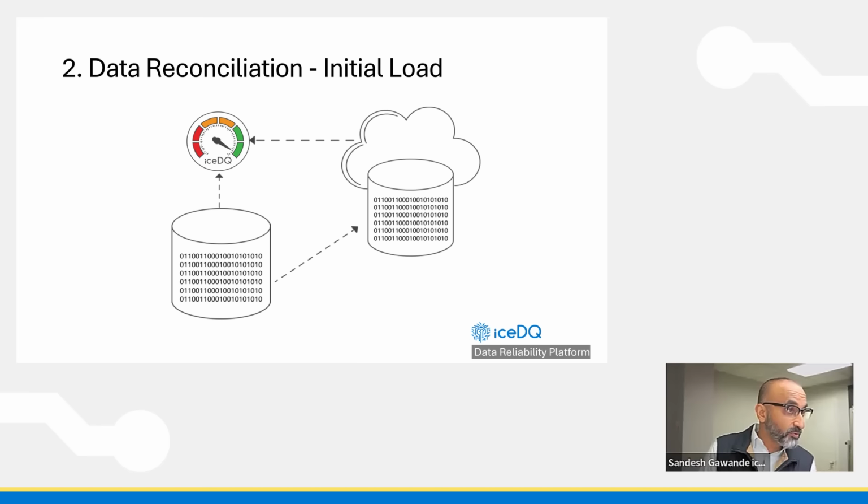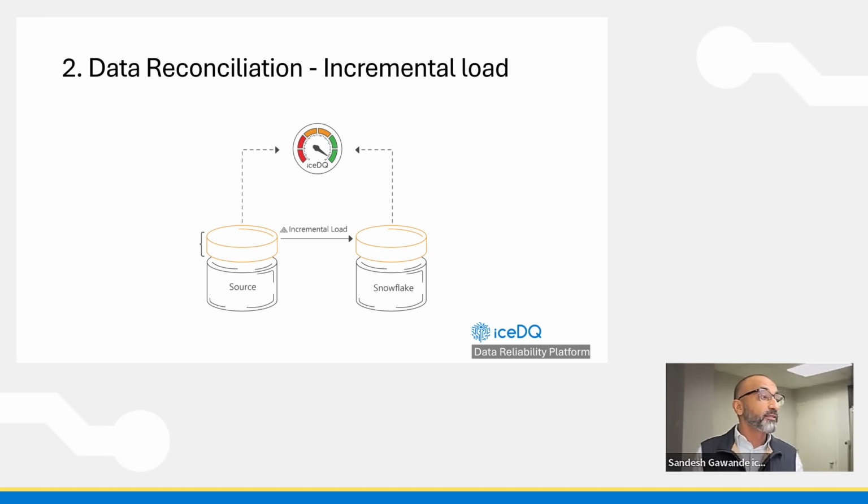But before that, let's go to another example. Then the incremental load, the one I mentioned. See, what happens is sometimes both the systems are not live yet, and the source system is getting populated with data, even though the target system, Snowflake in this case, is not completely populated. It's not active yet.